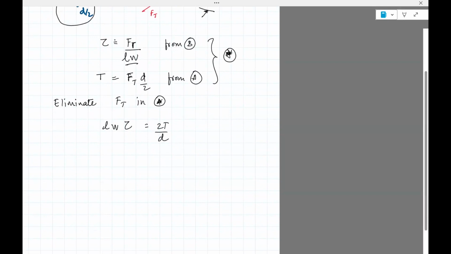Eventually, what you get is tau equals 2T divided by d W L. That's the formula which gives you the shear stress as a function of the external torque.